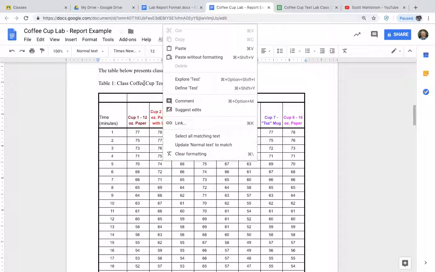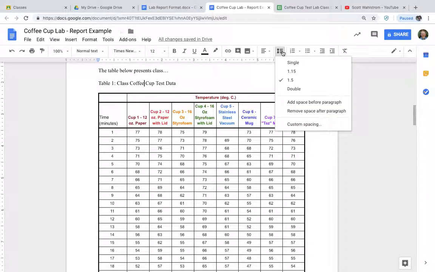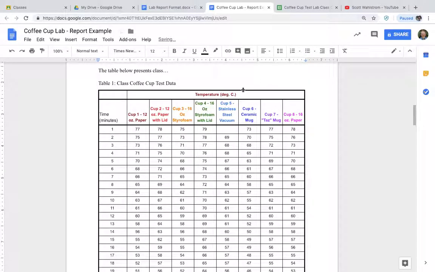No problems at all. Sometimes you can get rid of some of the excess spaces underneath. There we go. I made that single space just for that, and it kind of puts that table title directly above the table. Super. And remember, this is your introduction here.